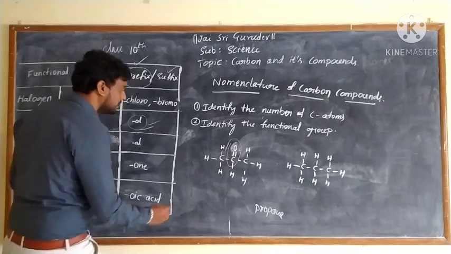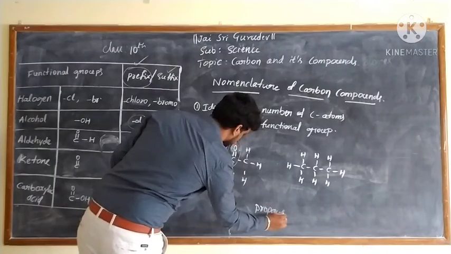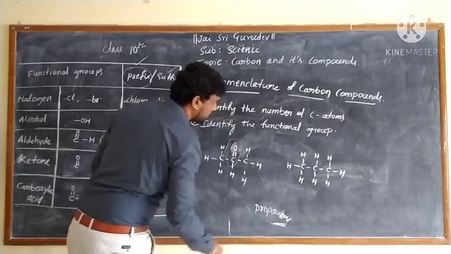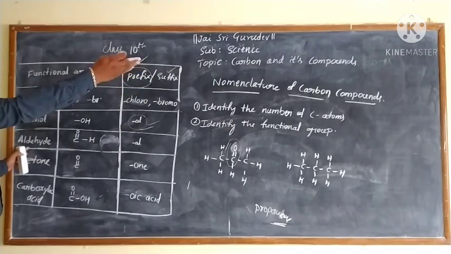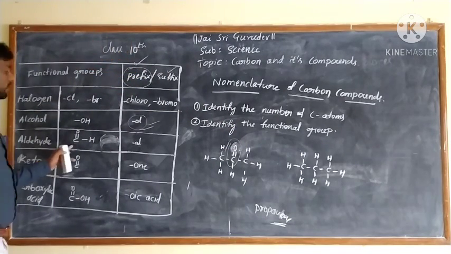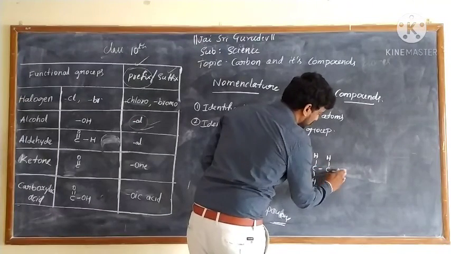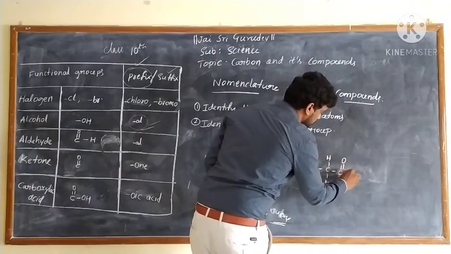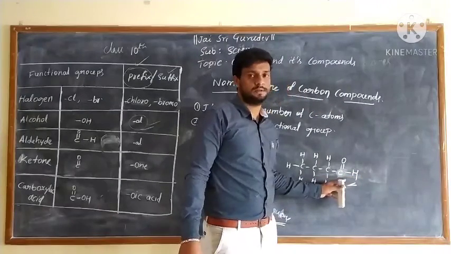Now we take propane, erase E, then add the ketone suffix, one. Propanone. If an aldehyde is replaced here, it becomes C double bond O single bond H. It always comes at the last.